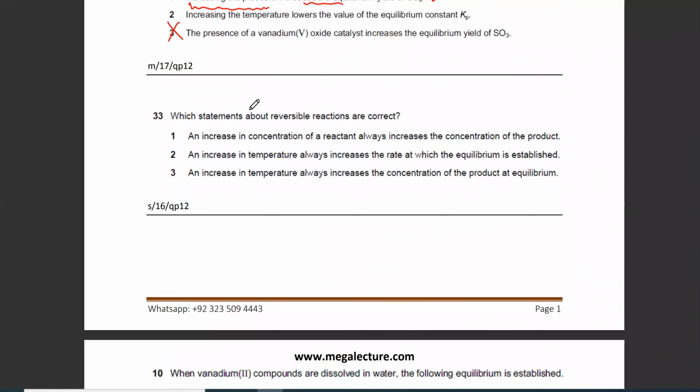Next one is, which statements about reversible reactions are correct? The first one is, an increase in concentration of a reactant always increases the concentration of the product. He's talking about a reversible reaction, with reactants, equilibrium, and products. So if I increase the concentration of the reactants, where would the equilibrium shift?